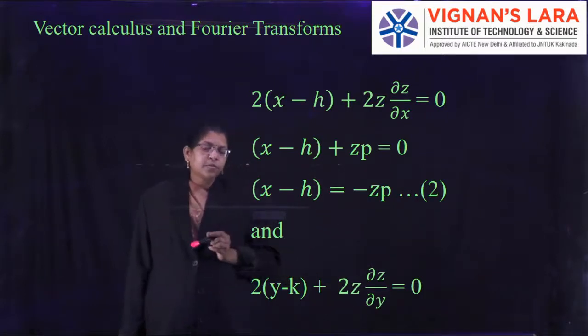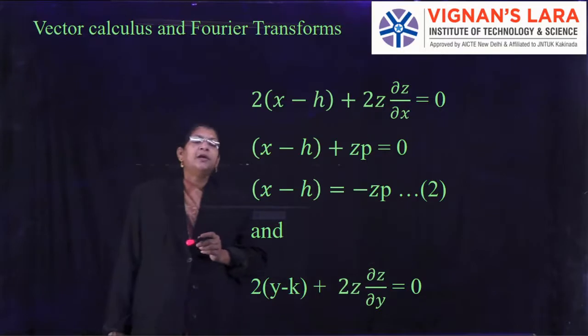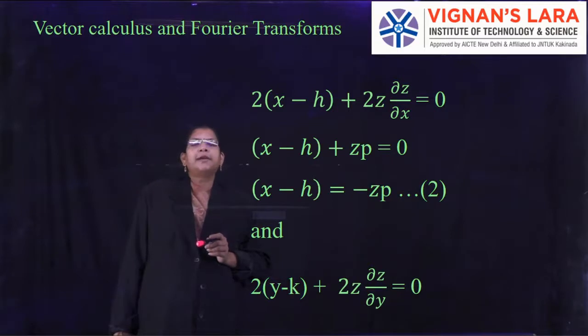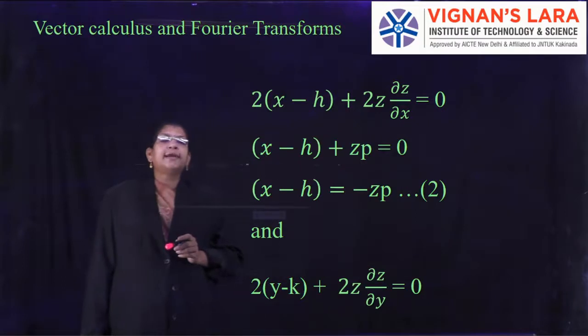Now, we will differentiate equation 1 partially with respect to y. If we are differentiating partially with respect to y, x is treated as constant. So (x − h)² is a constant. So what is the derivative for (x − h)²?